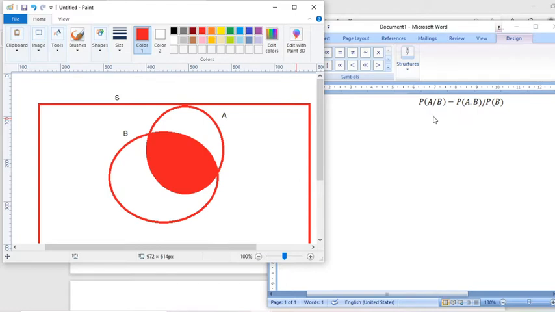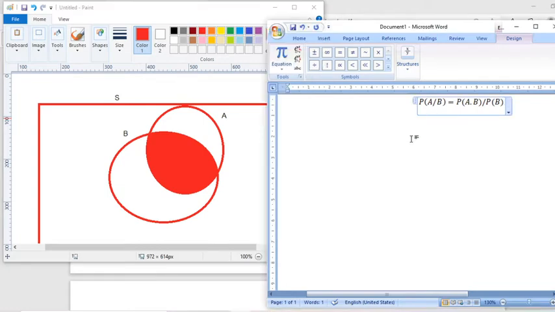That is what we find through conditional probability. P(A|B) equals P(A intersection B) divided by P(B). This probability is with respect to B, not with respect to S. It is the probability of this shaded region with respect to B.